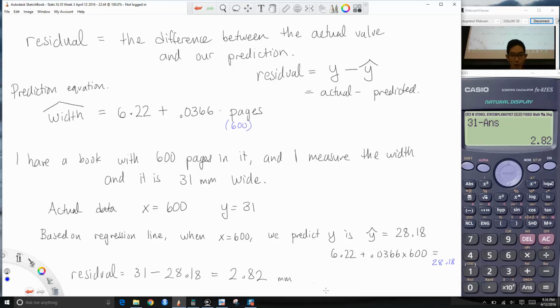So is 2.82 a big number or a small number? I guess that's up to you. How much does it really matter? Maybe it doesn't really matter. Maybe you're a bookshelf designer and you want to say my bookshelves can hold 40,000 pages, so I'm designing it to be this.